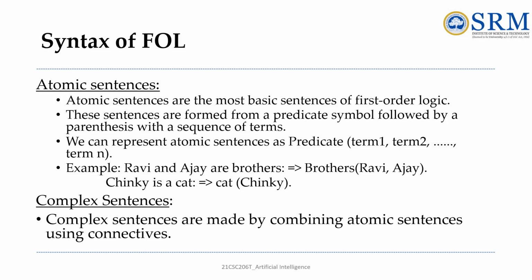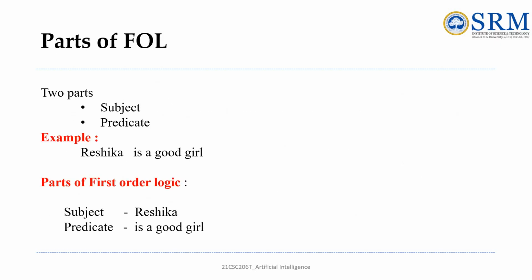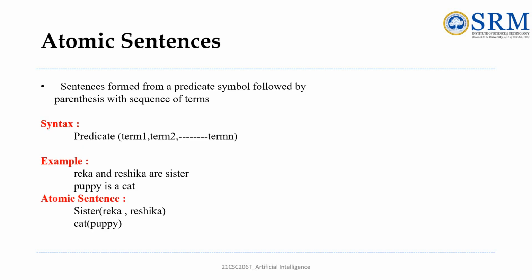Now if you want to make more expressive statements, we create complex sentences. These are built by combining atomic sentences using logical connectives. Take this as an example: Saranan takes AI if and only if he doesn't take CN.